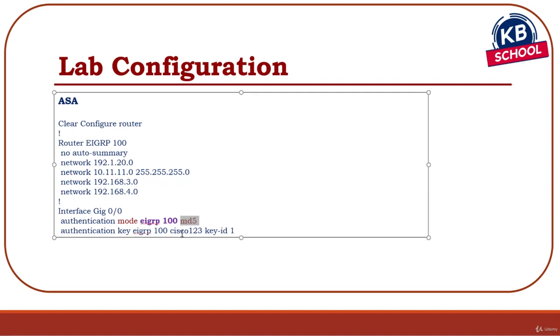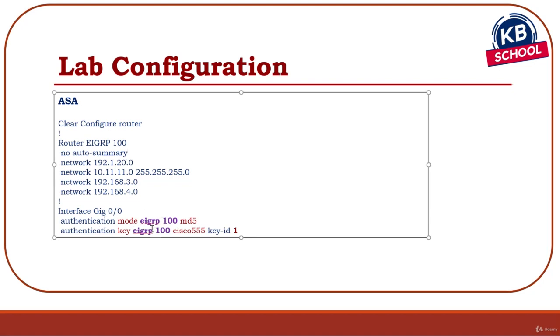So key goes with this guy over here, Cisco 123. Actually, it is Cisco 555. That's what I used. And the key ID is 1. That's okay. This one we need to put in this color so you can also make a distinction. So that's how I do the authentication on the ASA.